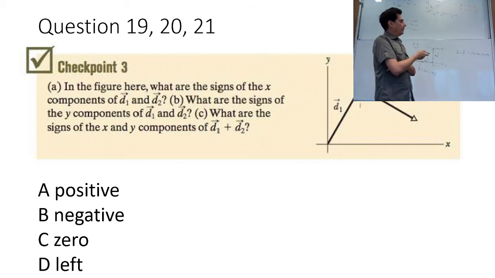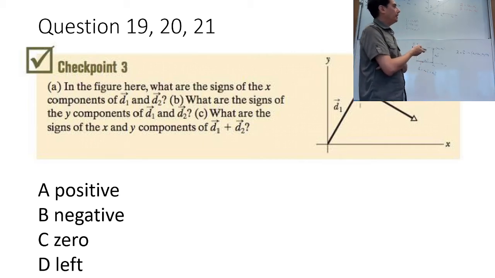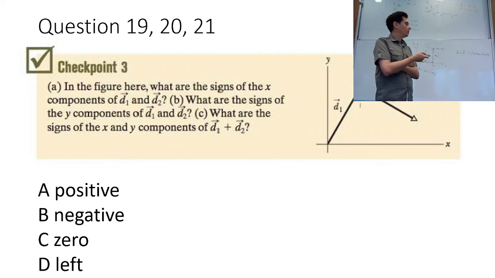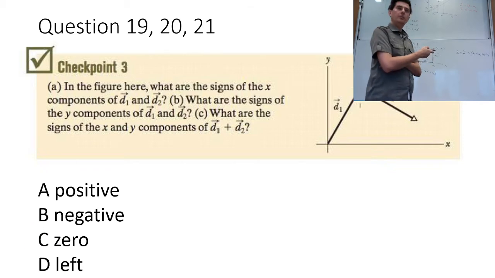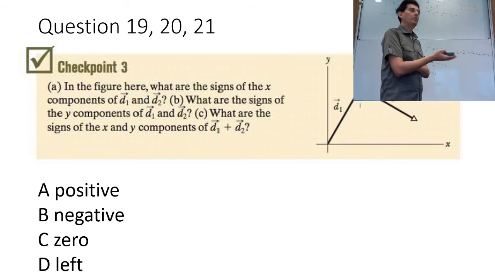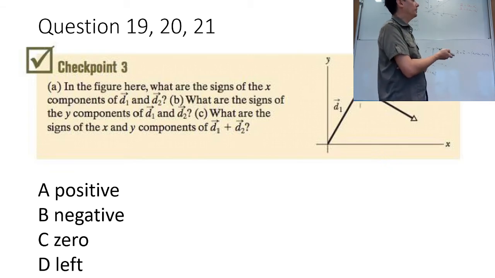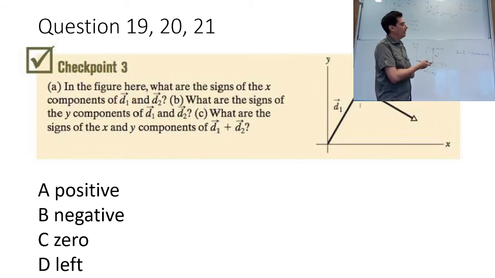Okay. In the figure here, what are the signs of the x components of d1 and d2? Positive. Yes, positive. Both of d1 and d2, their x components are positive.